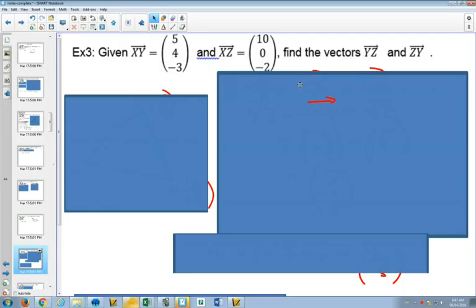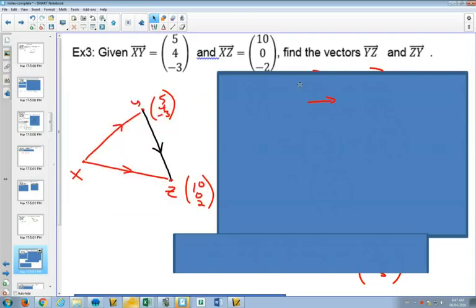So there's x to y, and there's x to z. You want to find the vectors y to z and z to y. Drawing a picture is going to be very helpful, even if you just draw that in 2 dimensions. So what do I know? I know what x to y is, I know what x to z is, and I want to find y to z and z to y.